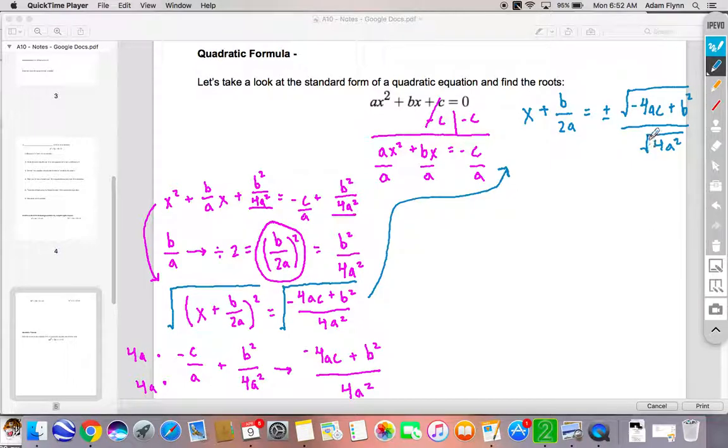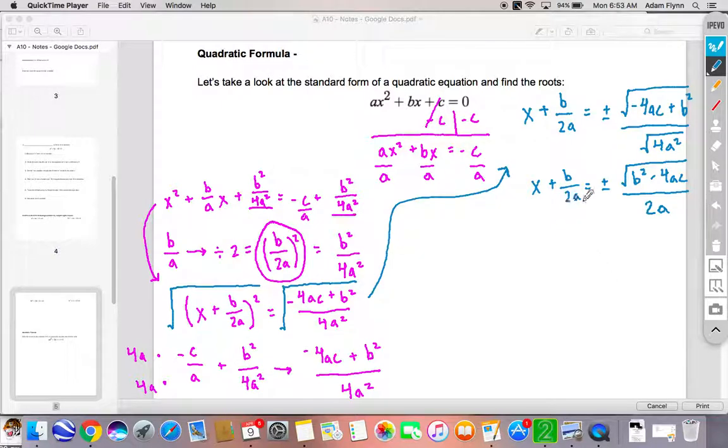So I'll simplify what I can under my radicals. So I'm left with x plus b over 2a equals plus or minus. I can't do anything to the top, but what I will do is I'll switch the order. So I'll put the b squared first and then move the negative 4ac over to the right side. So I've got the square root of b squared minus 4ac all over, well, I know the square root of 4 is 2, and the square root of a squared is just a.